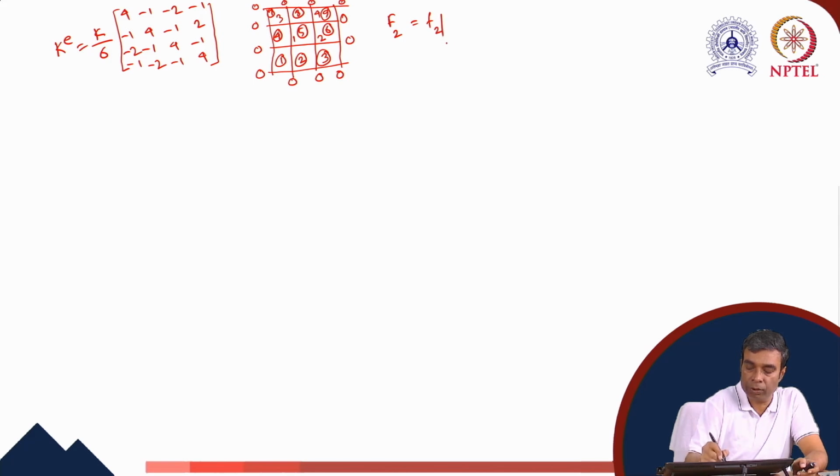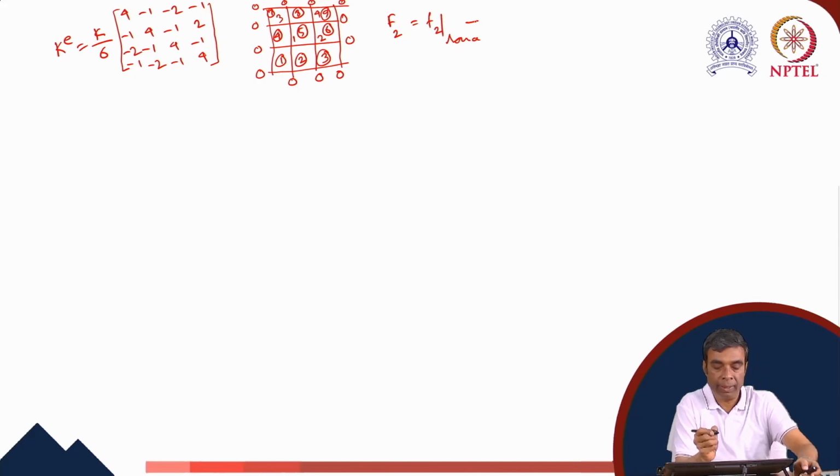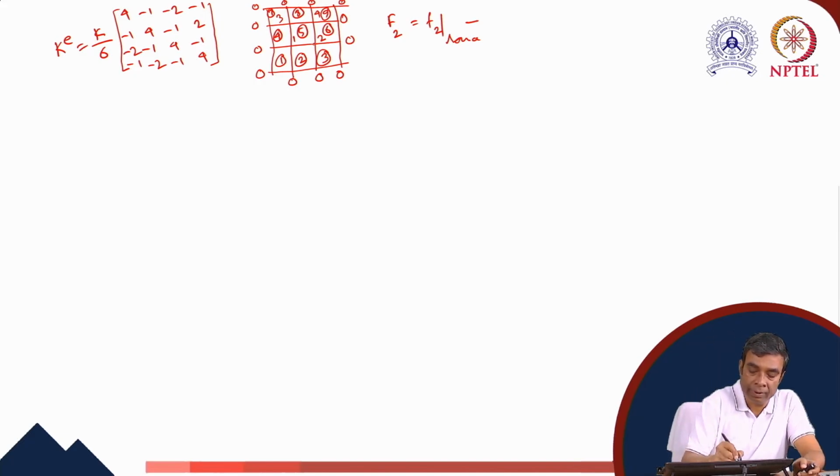F2 source minus this. F2, this particular equation, will be contributed by elements 2, 3 and 6. So let us consider element 2 first. For element 2, we are writing the equation at local node 3.